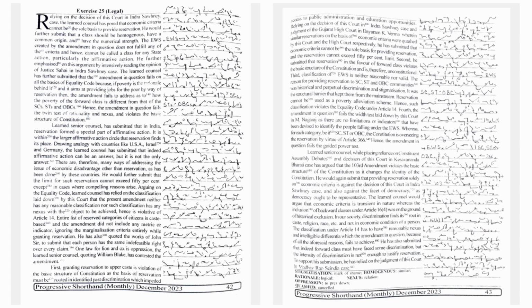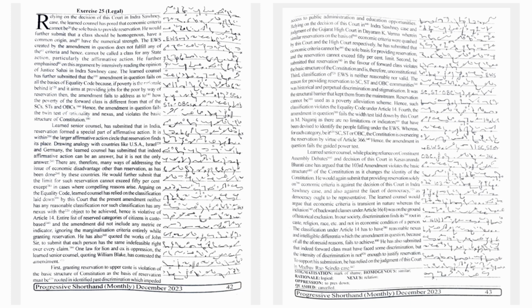First, granting reservation to the upper caste is a violation of the basic structure of the Constitution, as the basis of reservation must be rooted in identified past discrimination which impeded access to public administration and education opportunities.